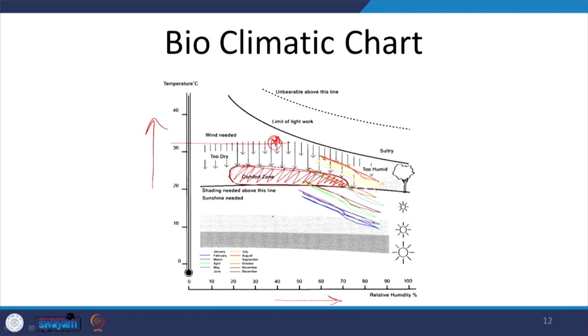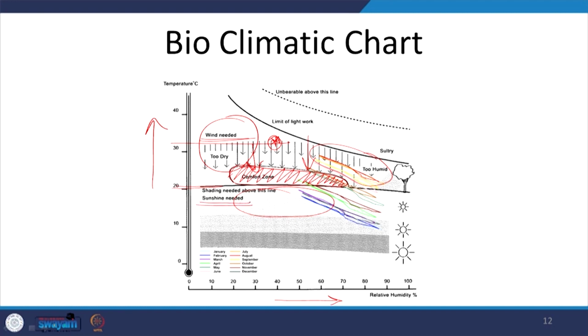Here we are talking about the need for wind. If we are somewhere between this zone, we may need wind to bring it to the comfortable zone. If we are somewhere here, we are quite humid, here also we would need wind. If we look at a zone below this, where the temperatures are lower than 20, sunshine is needed.